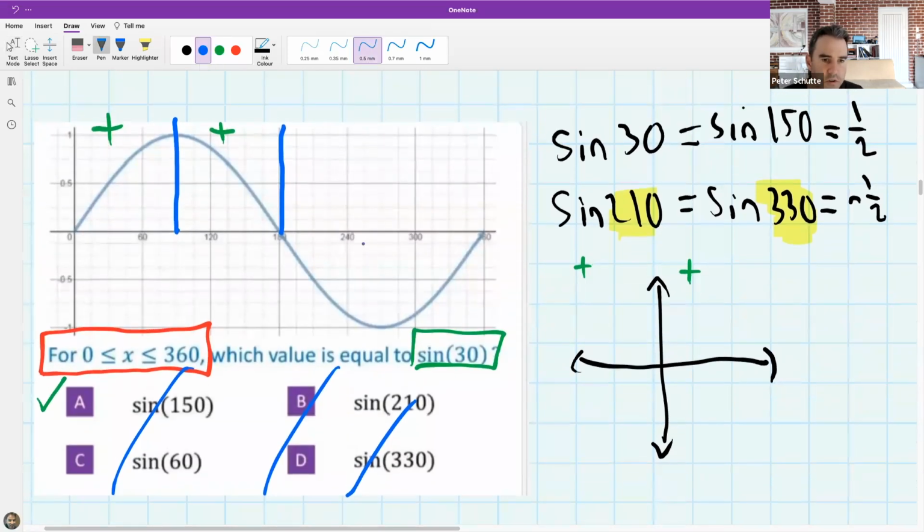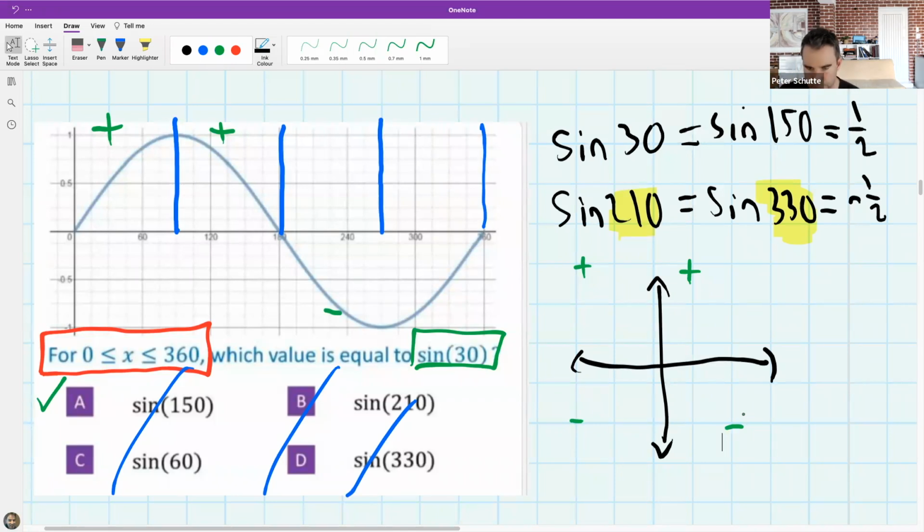Let's go and do quadrant number 3, which would be 270. In quadrant 3, is sine positive or negative? So it looks to me like in this quadrant, it is negative. So sine would be negative in this quadrant. And what about the last one? What about between 270 and 360? Okay, so we'd say it's negative.